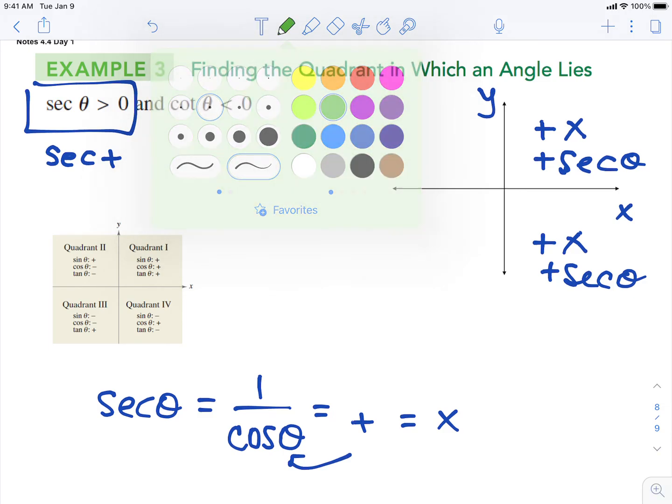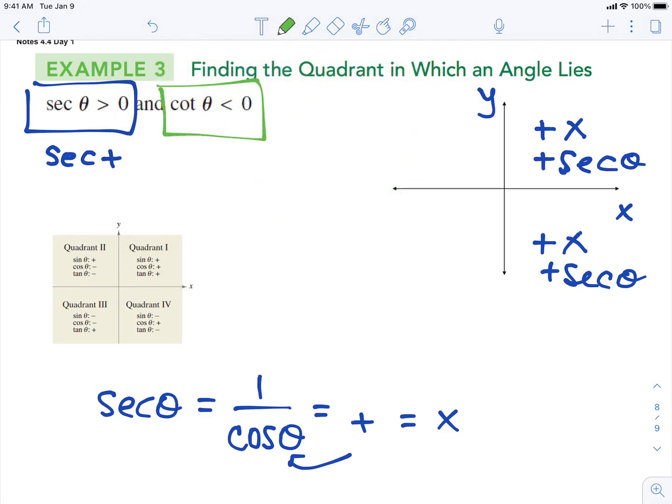All right, second piece, saying that the cotangent is less than 0. So that means the cotangent value is a negative number. Well, cotangent is the reciprocal to the tangent function. So we want that tangent function to be a negative.